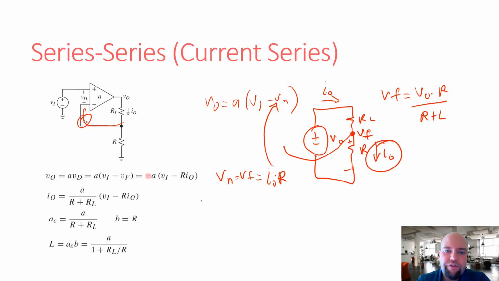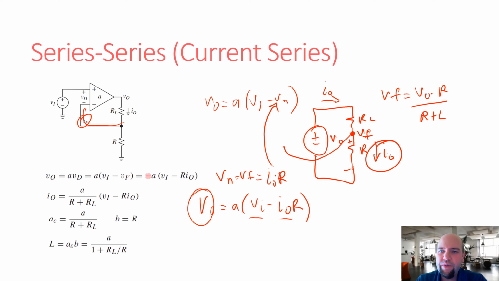So let's take this equation and rewrite it. V out equals A times V in minus IO R. We have a problem here though, right? We have V in, that's good. We have I out, that's what we want, but we have this V out.